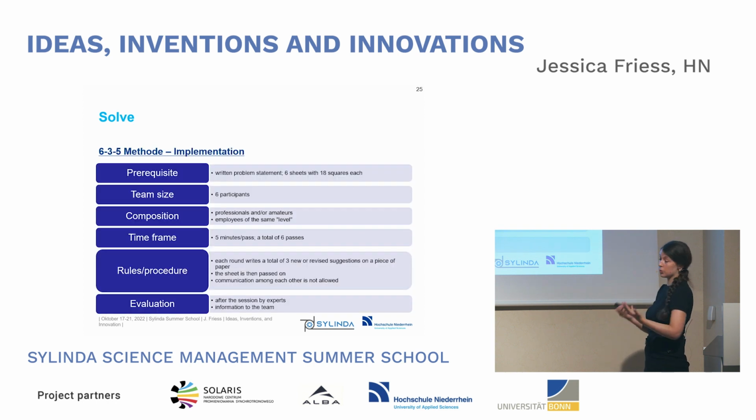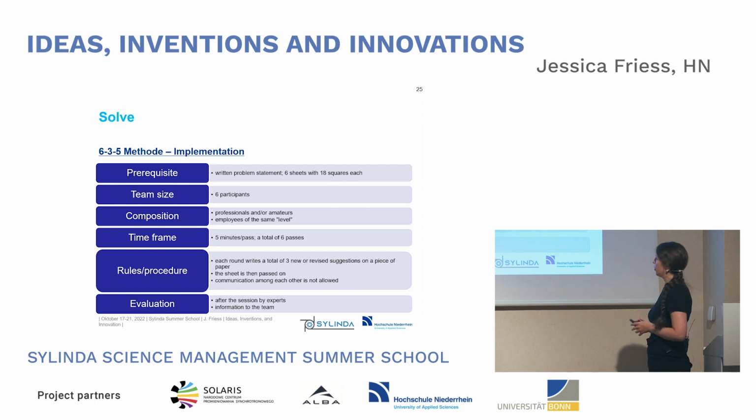So we can use a different method, and it's called the 6-3-5 method, which is, instead of talking about the problem, we write about the problem. So we have a written problem statement, and hopefully somebody prepared 6 sheets with 18 squares. If we're doing the 6-3-5 method as it was invented, we have 6 participants.